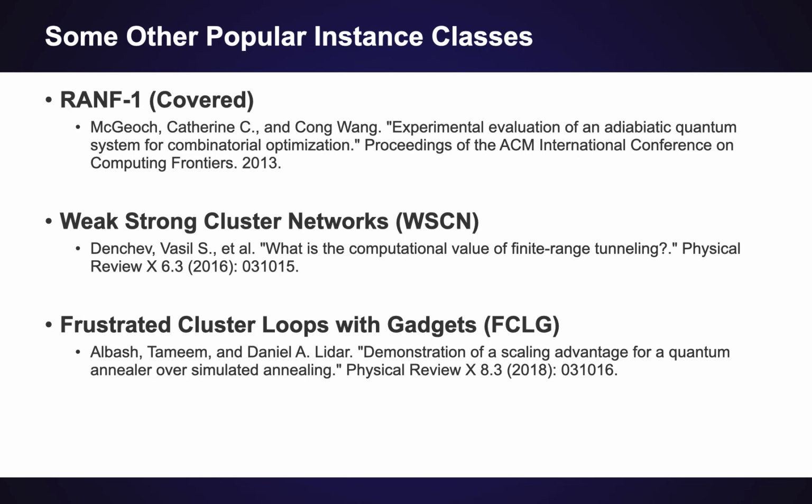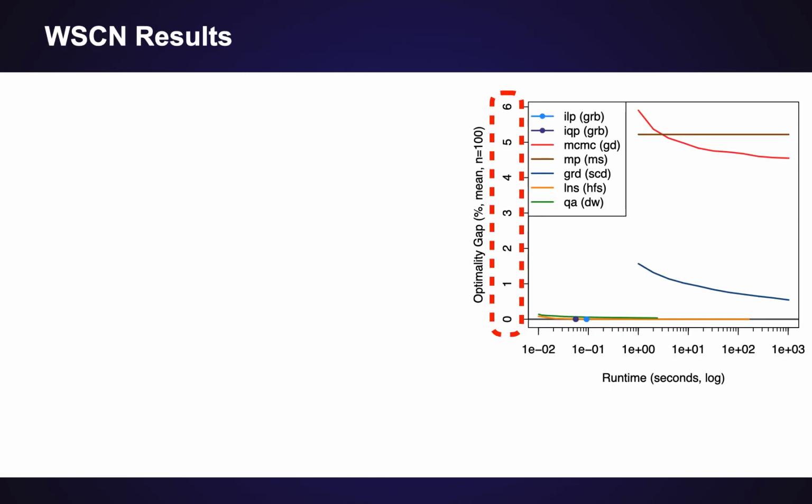That goes back to 2013. There was a weak-strong cluster network case proposed in 2016, and then also a frustrated cluster loop with gadgets case. I think it's important to note that these last 2 cases were designed to show features of quantum annealing and not really to benchmark the system against state-of-the-art alternatives. So the goals here are quite a bit different, but they're still interesting cases to test nonetheless.